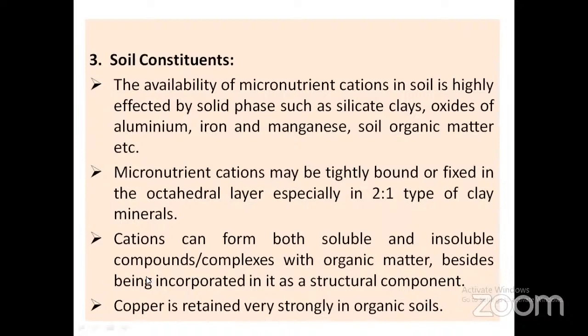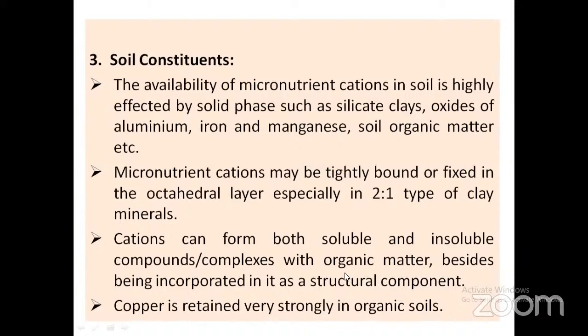Okay. Another is this cations can form both soluble and insoluble compounds with organic matter. Cations, they can form both soluble and insoluble compounds with the organic matter besides being incorporated in it as a structural component.